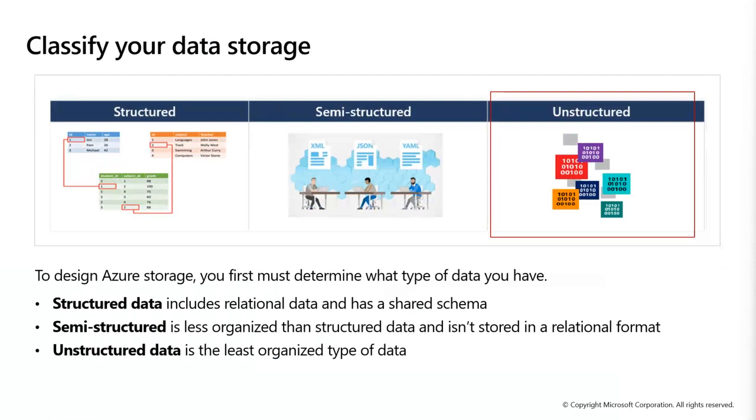How do we store our information? There are structured, there are semi-structured, and there are unstructured solutions for storage. When we talk about structured data, folks, we're talking about information that somehow is related to each other, and that relationship is actually registered in the same definition of the data.